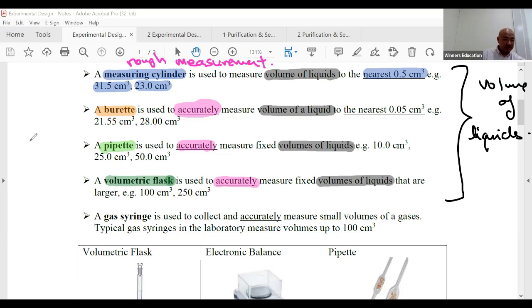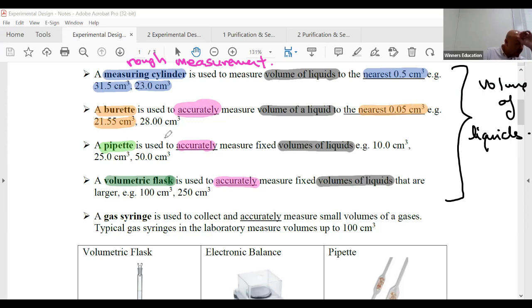Now, let's talk about the precision, which unfortunately you need to know. Remember, I tell you, usually I don't want you to memorize anything, but when it's time, especially at the start, you've got to memorize them until you get used to them. A burette, measurement-wise, is to the nearest 0.05 cm cube. So we are talking about a volume of something like, for example, 21.55 cm cube.